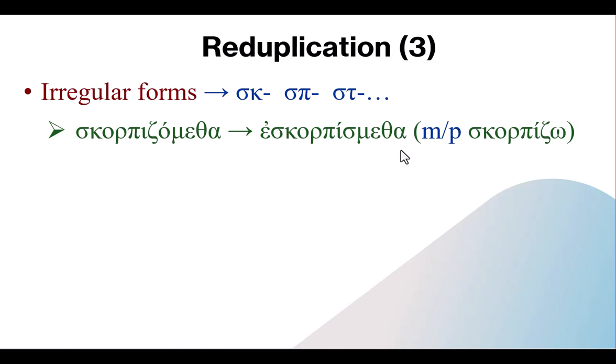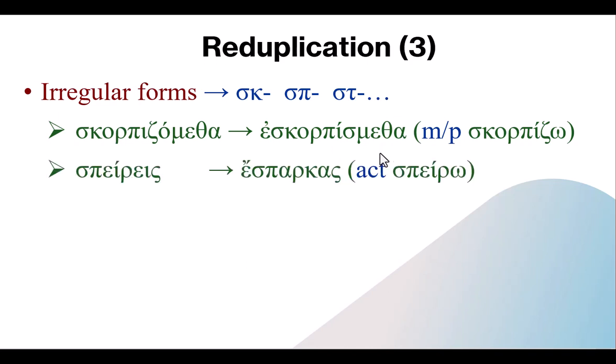That's a middle passive. And another example is speiro, to sow. This is present active indicative second singular, and the corresponding form here in the active would be esparkas. So instead of ses, it's going to be es. I think they just figured it was too difficult to put all those S's together.